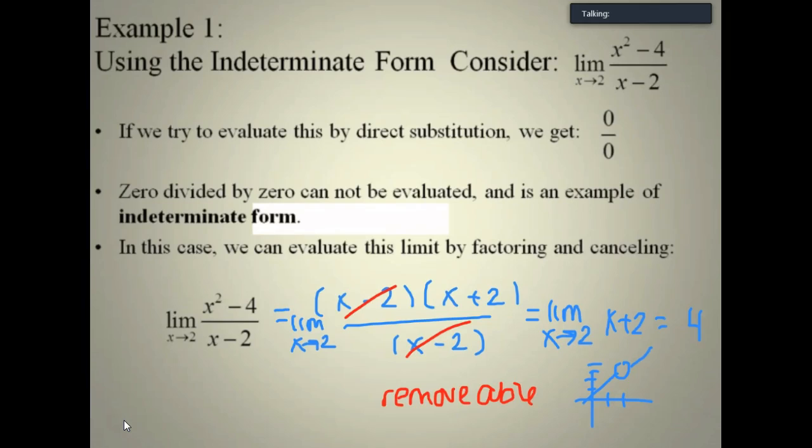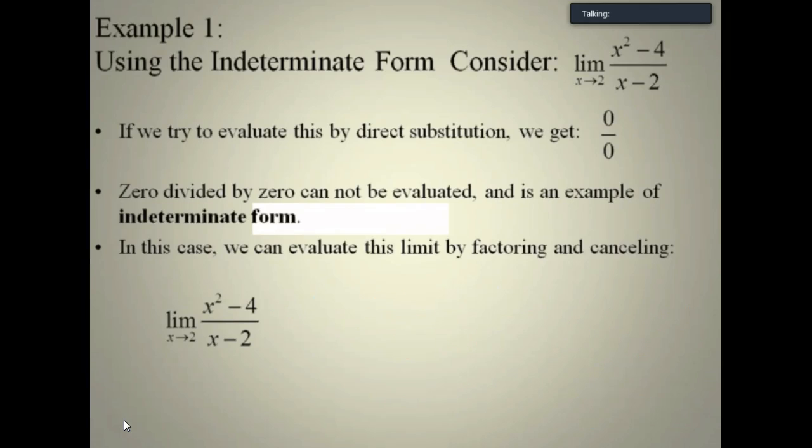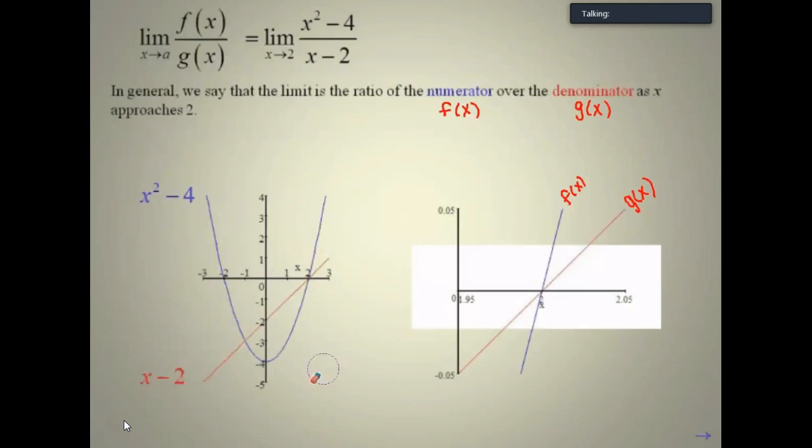If you look at this on a graphing calculator, which is what we're going to do on the back of the next page, this graphs originally as a quadratic divided by a line. So their point of intersection is at that removable part.